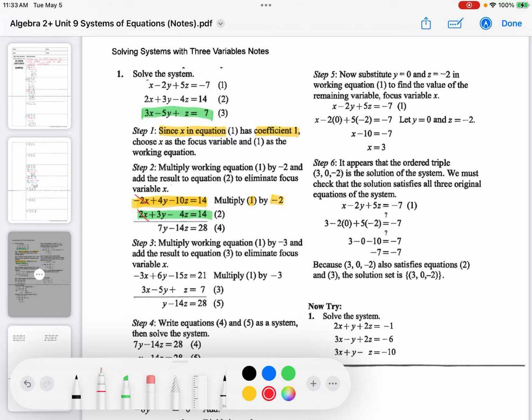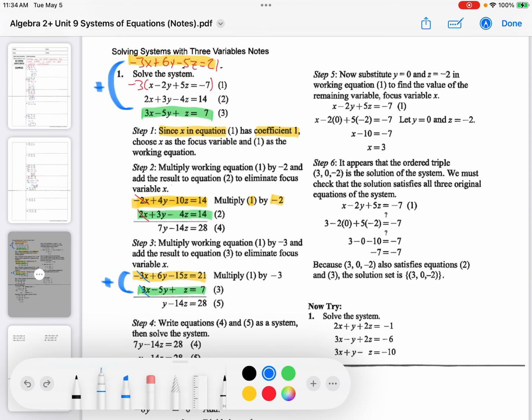Then I would need to multiply this equation by -3. That would give me -3x plus 6y minus 15z equals 21, which is what they have right down here. Then we can add these 2 together. The -3x and 3x cancel out. 6y and -5y make y. The -15z and z make -14z. And the 21 and the 7 make 28.